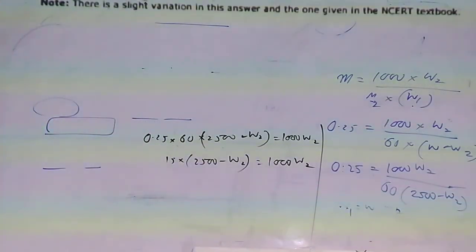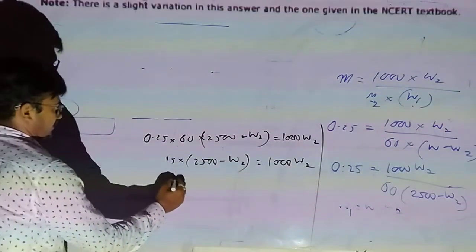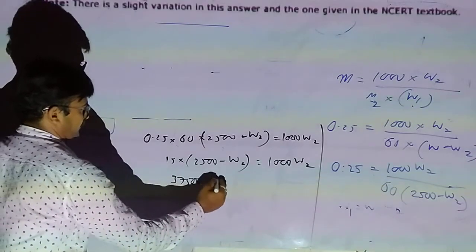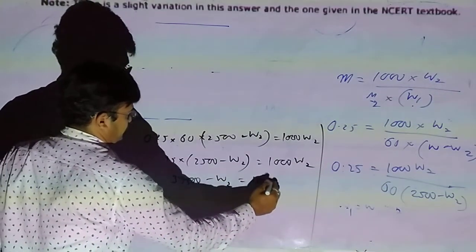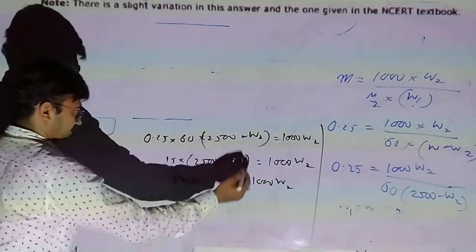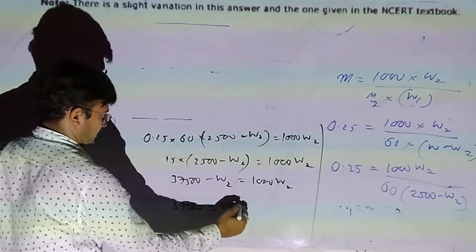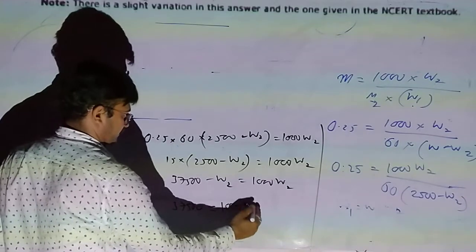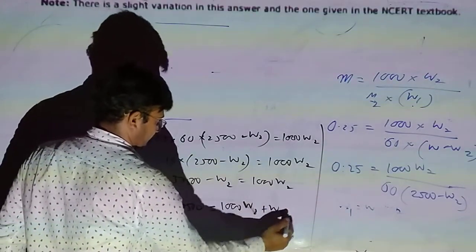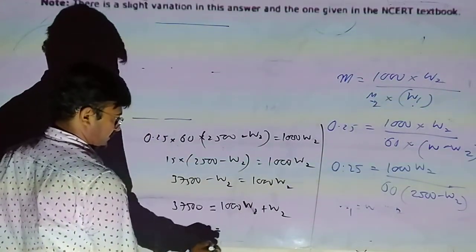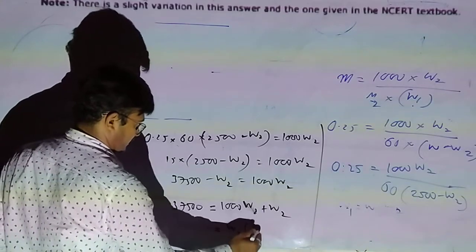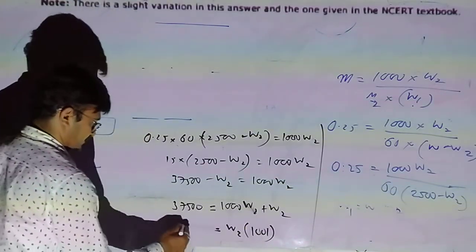Multiply 15 by 2500, so 37500. Take W2 to the other side: 1000 W2 plus W2. W2 is common, so 1001.